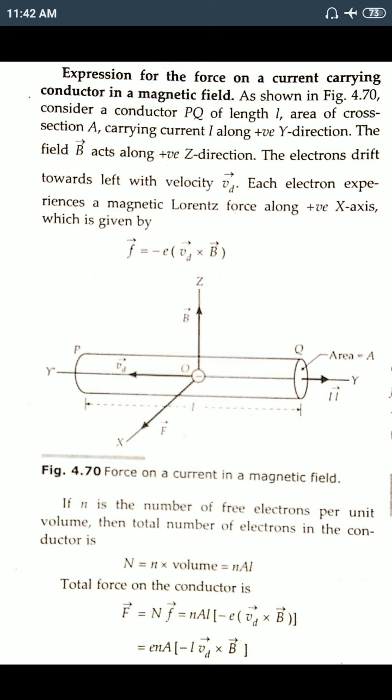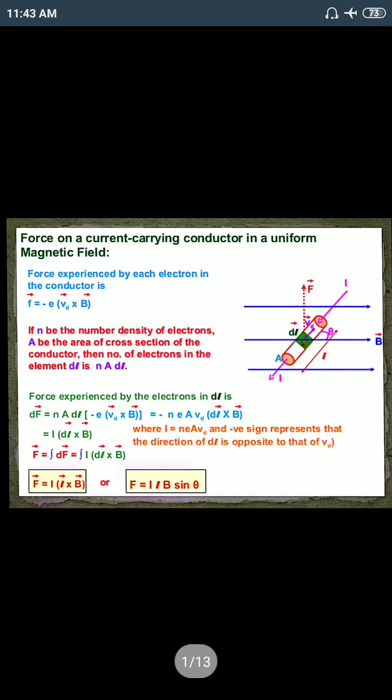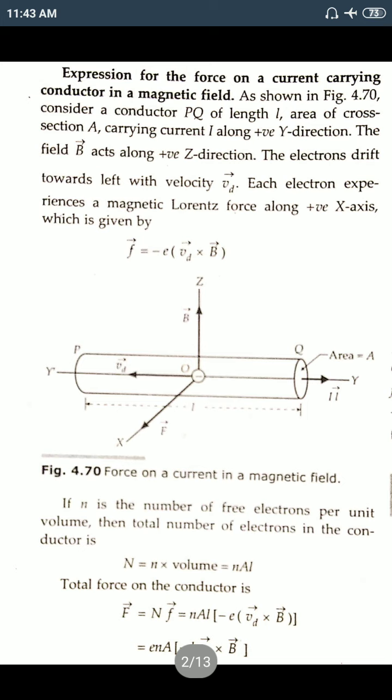Now we consider that small n is the number of electrons per unit volume, which can be called the electron density. Density means mass by volume, here the number of free electrons divided by volume gives the electron density. As written in the slide, n is the number density of electrons.